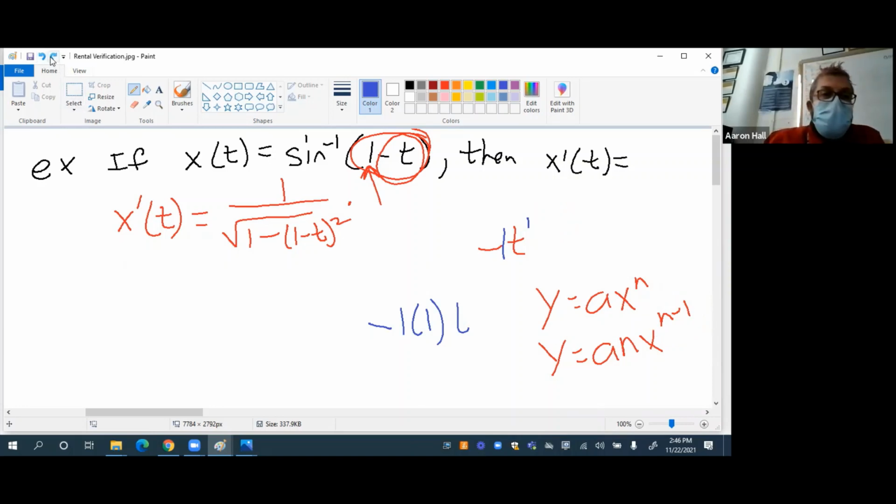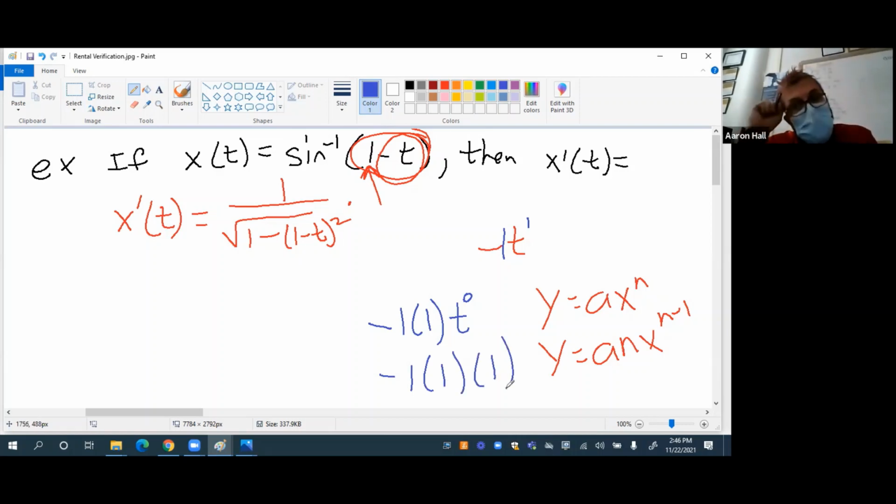What is anything to the power of 0? Yeah, it's 1. So I have -1 times 1 times 1, which is -1. So the derivative of the inside was -1.